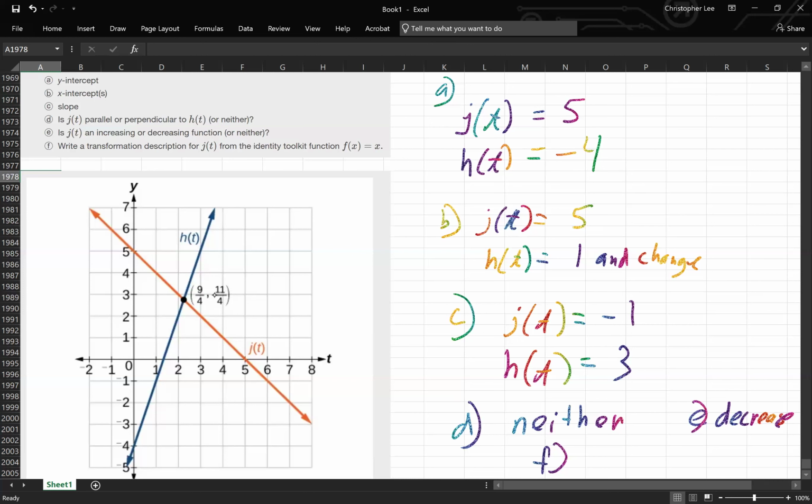So far I got negative of x minus 5, and I went up 5, plus 5, and that equals J of T. Five to the left, 5 up. Negative, of course, because it's on the other side, negative slope.